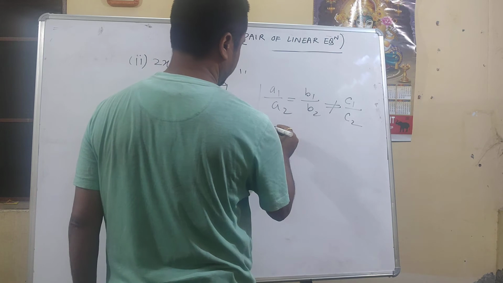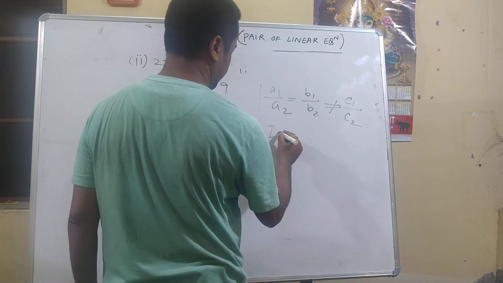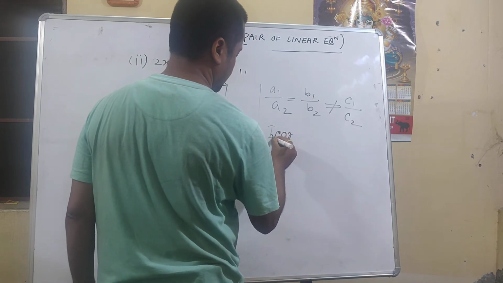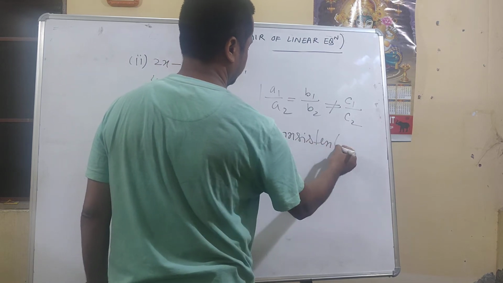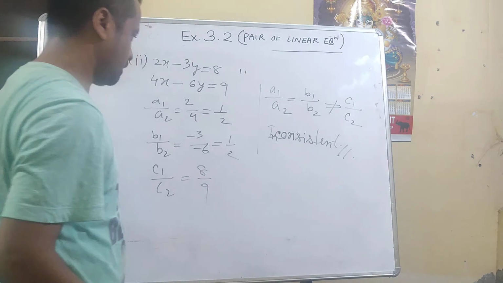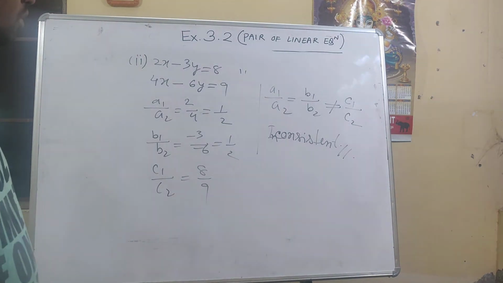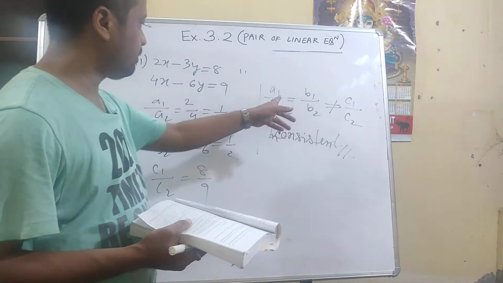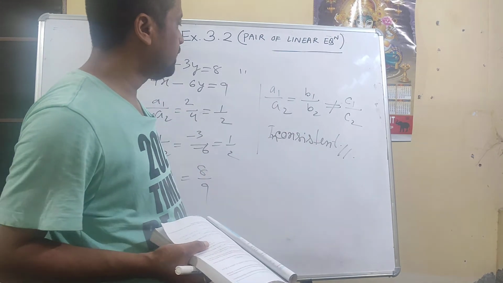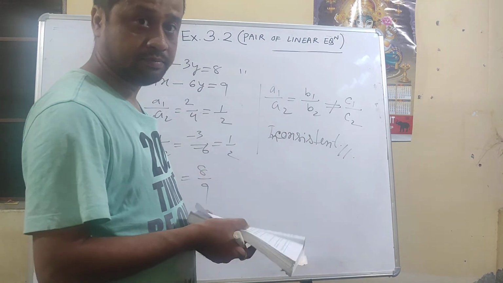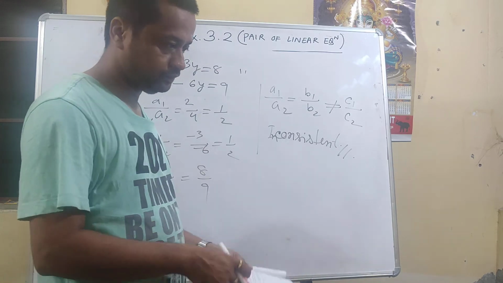It is the condition of inconsistent. So if a1 by a2 does not equal b1 by b2, then it is consistent. Otherwise, in other cases, it is inconsistent. That means they have no solution.